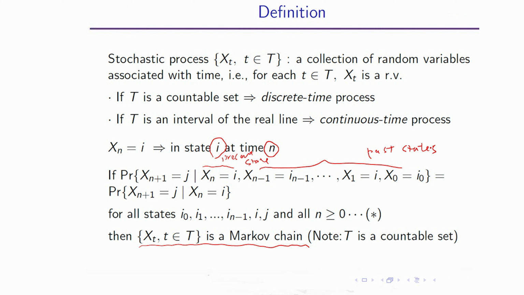If the conditional probability of the future state given the present state and the past state is equal to the conditional probability given only the present state, in other words, the past states do not matter at all, then this is called the Markovian property. If a stochastic process satisfies the Markovian property, this stochastic process is called a Markov chain.